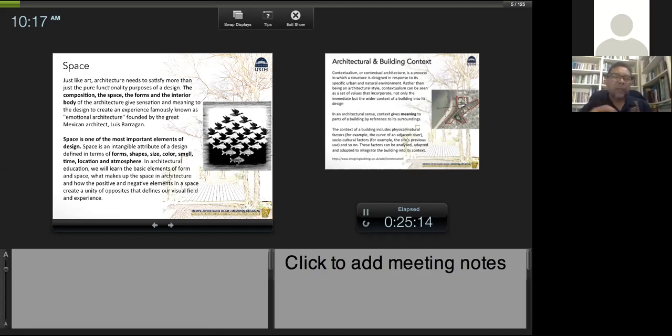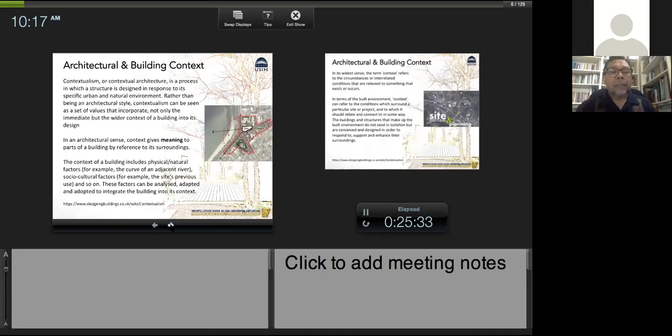How do you feel when you step into the building? So when you start creating the space, this is related to psychology and culture. All right.